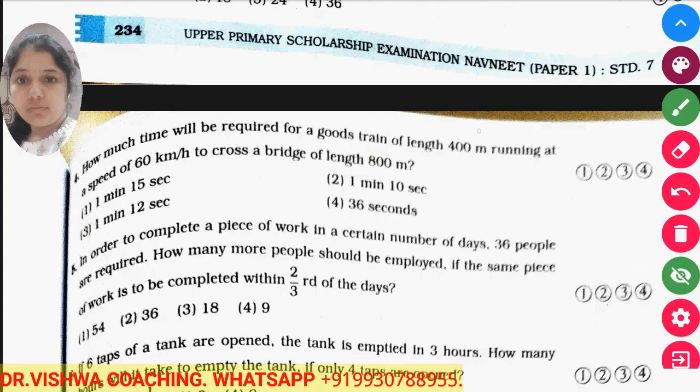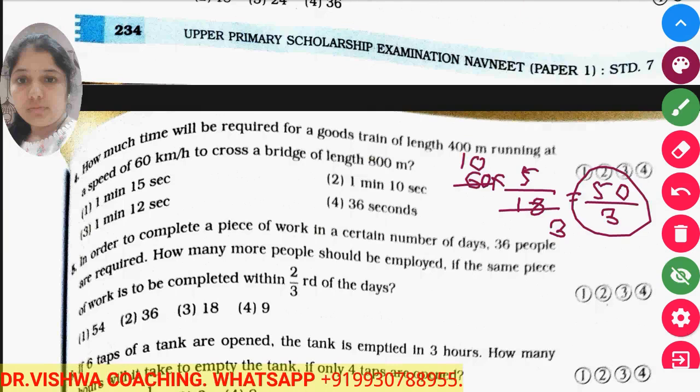Multiply it with 5 by 18 to convert it into meter per second. So 6 threes are 18 and 6 tens are 60, so 50 upon 3. Now this is the speed of the train in meter per second.